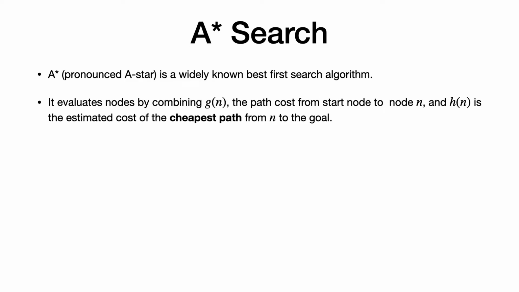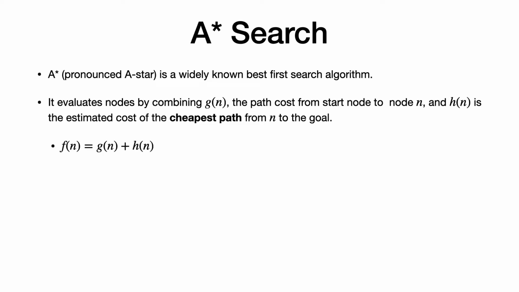One is g of n, which is the cost incurred to reach the node n, and h of n is the estimated cost which might be incurred from node n to the goal node. So h of n is an estimate, it is not actually a deterministic or fixed factual piece of information. We try to use various heuristic functions, and we get an estimate of how much cost it would incur to reach the goal node.